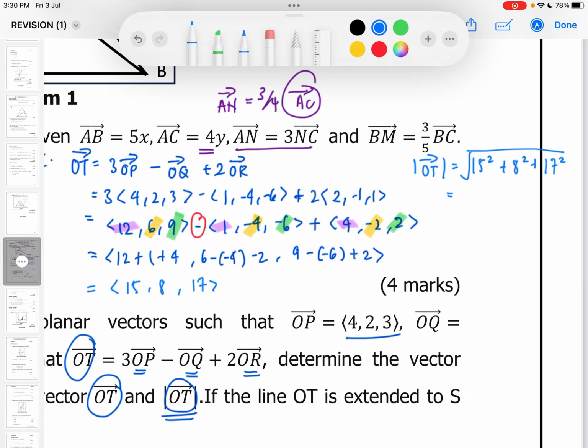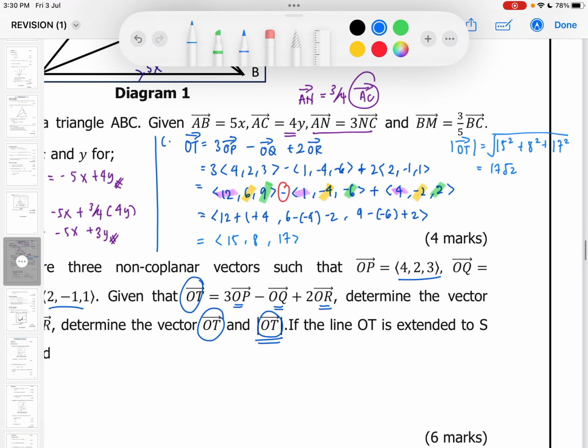Okay, hold on. 15 squared, 8 squared, 17 squared. That is going to be 17 root 2, right? Hold on. Yes, correct. Okay, so that's going to be 17 root 2.